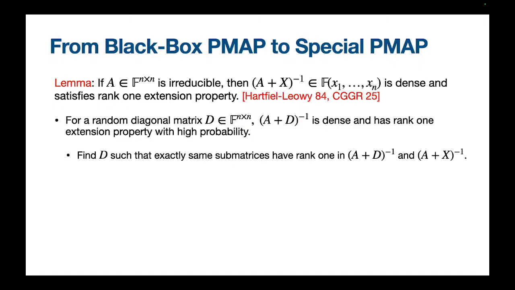So there can be at most n raised to 4 many PIT instances, and a random substitution will make each of these PIT instances non-zero. So at the end we get a matrix that is dense and satisfies this rank 1 extension property.